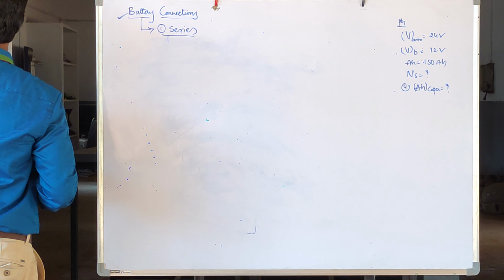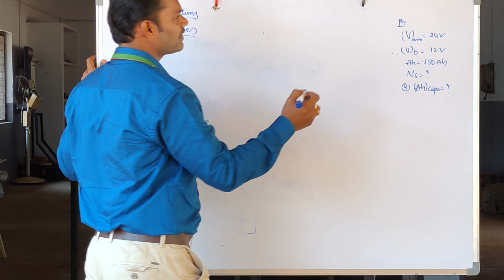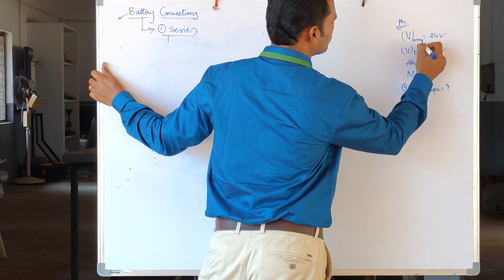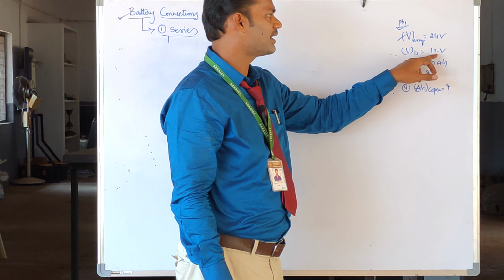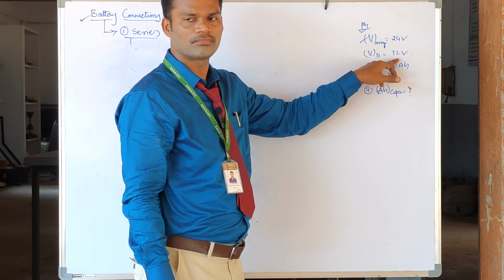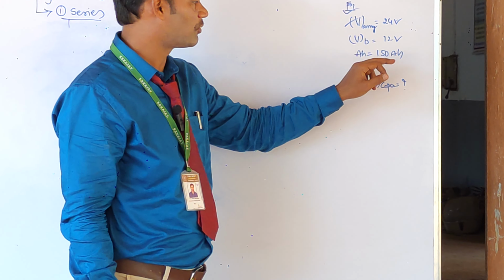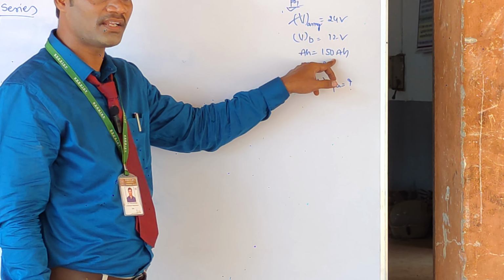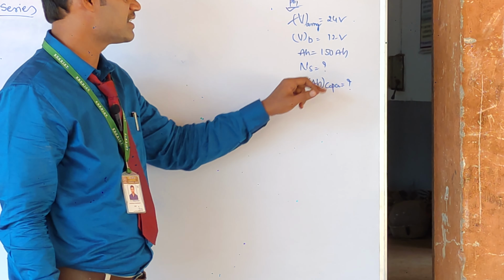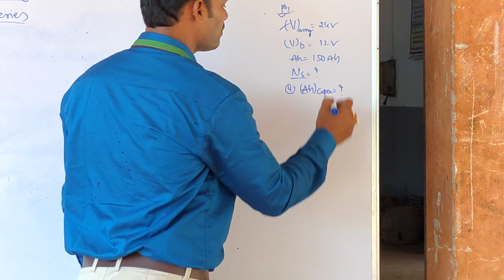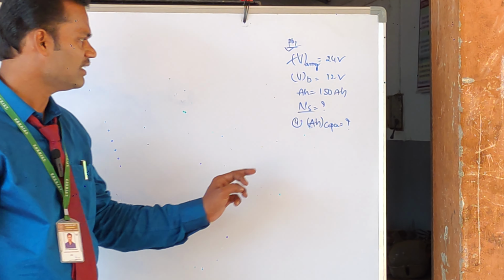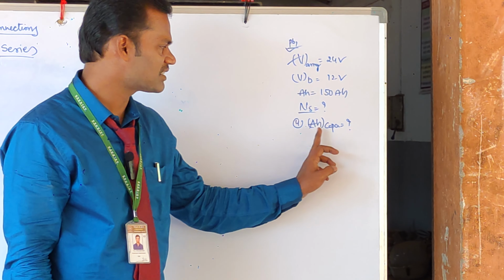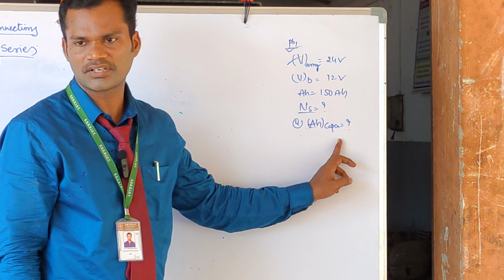The problem is given like this. The array voltage of the battery is 24 volts, the voltage of each battery is 12 volts, and the capacity of the battery is 150 Ah. It asks us to find the number of batteries to be connected in series connection, and the resultant AH capacity of the system.